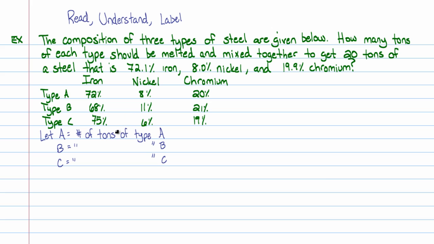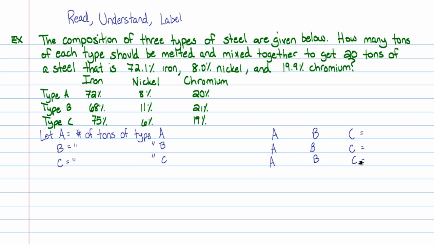So we have three kinds of steel, and A will be the number of tons of type A, and so on down the line. So I know right now that I should get three equations because I have three unknowns. And my equations should have the variables A, B, and C in them.